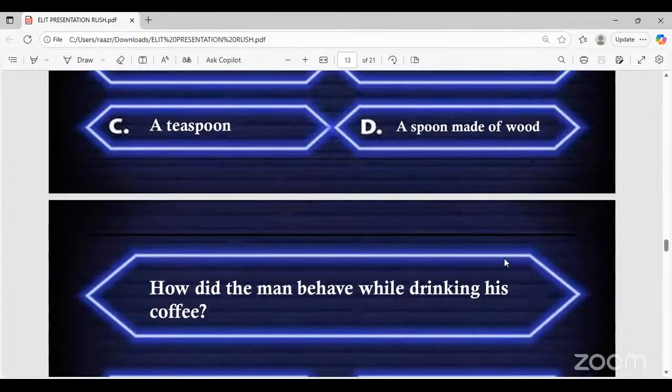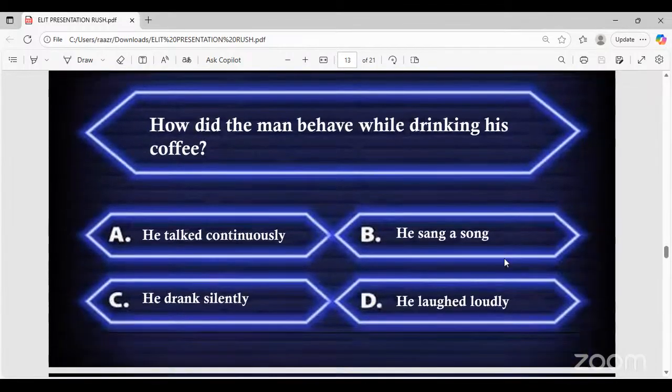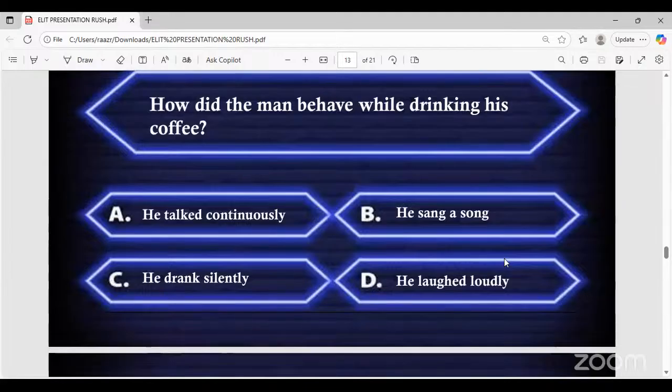Here is the next question. How did the man behave while drinking his coffee? A. He talked continuously. B. He sang a song. C. Drank silently.